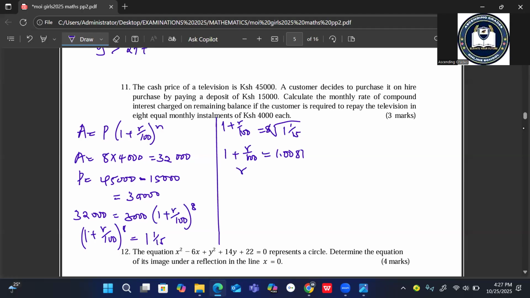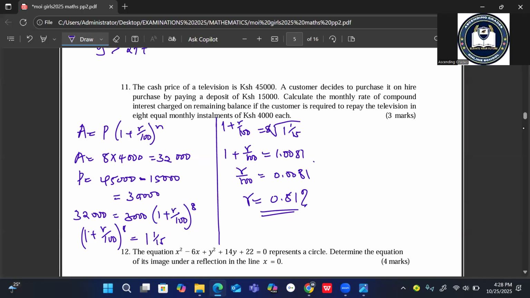So R over 100 gives us 0.0081, and the value of R becomes 0.81 cent. So that is the rate.